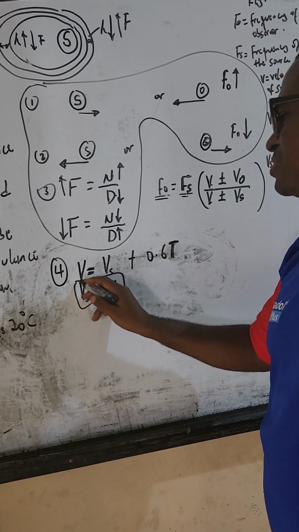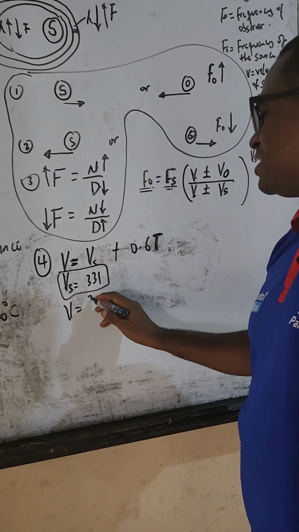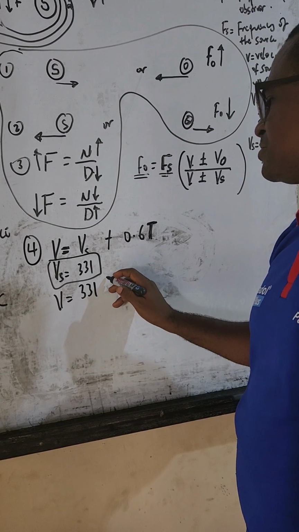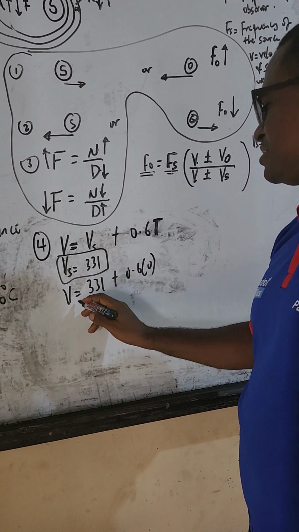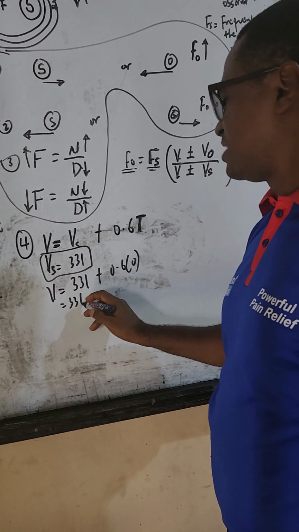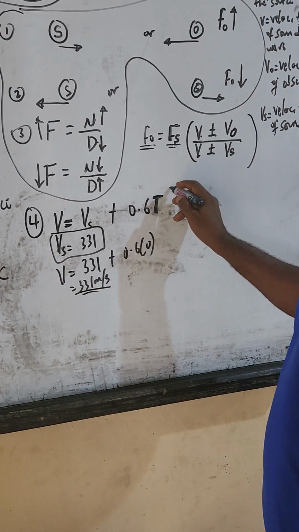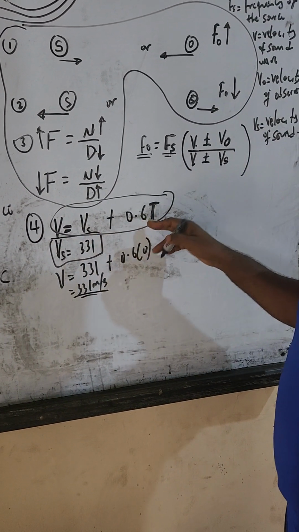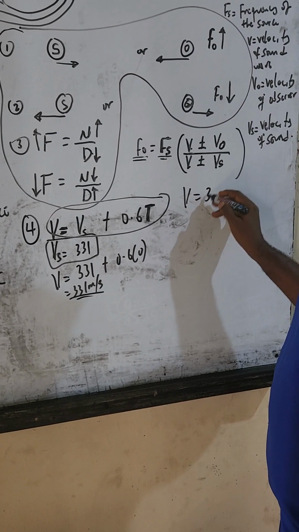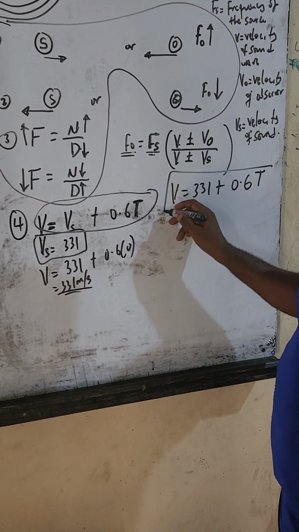So what am I trying to say is that the velocity of sound at a temperature of 0 is 331 plus 0.6 times 0, which is 331 meters per second. So the standard relationship between the velocity of sound and temperature, V, is 331 plus 0.6 T.